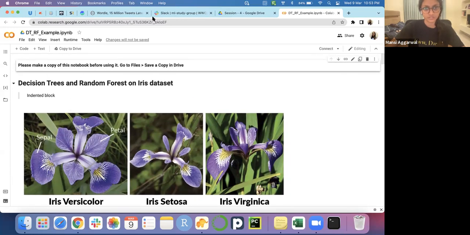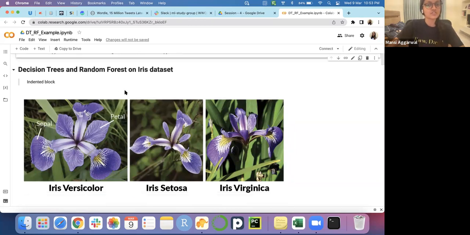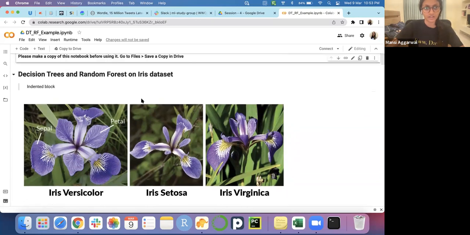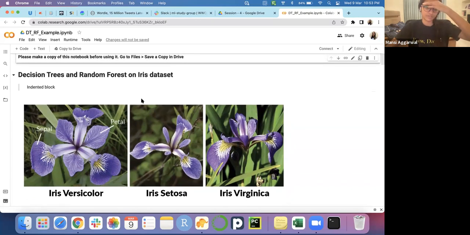Hope everyone has done that. Just a few people can show me in the chat box that they've made a copy. Okay. Let's go. So we will be focusing on the IRIS dataset. That is an open source dataset, a very simple dataset, and you must have worked on it in the previous session as well.